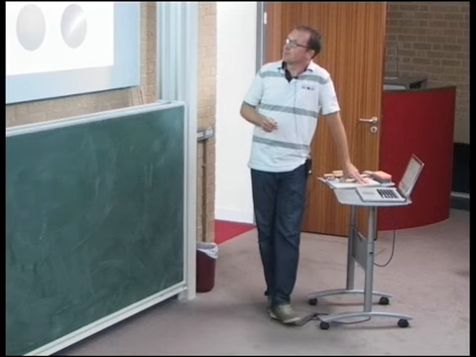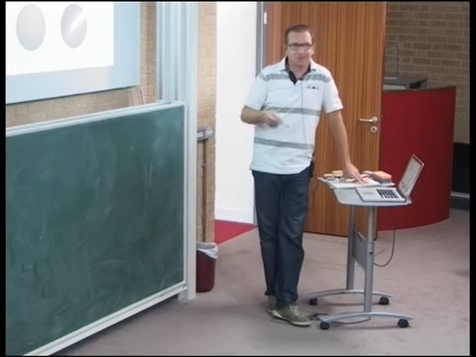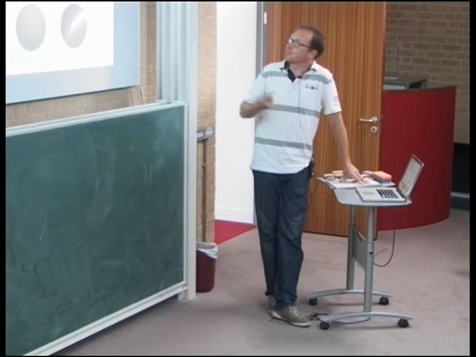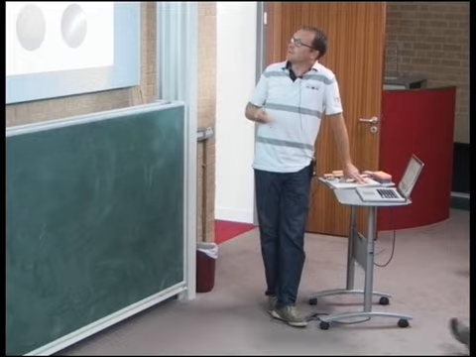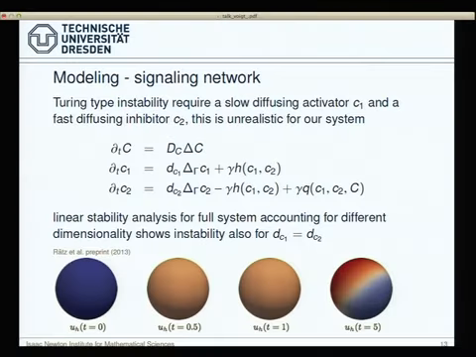And one problem with the Turing type instability is that one typically requires two components, one activator, which however has to diffuse slowly. The activator would be our C1, and one inhibitor, C2, which has to diffuse fast. So these are some requirements to give you this instability.